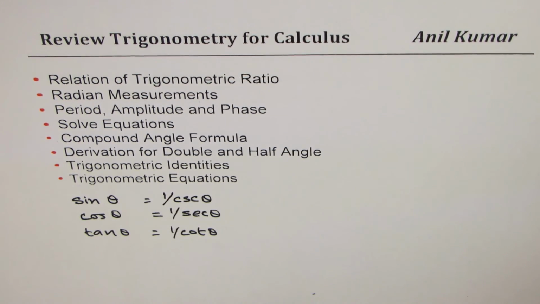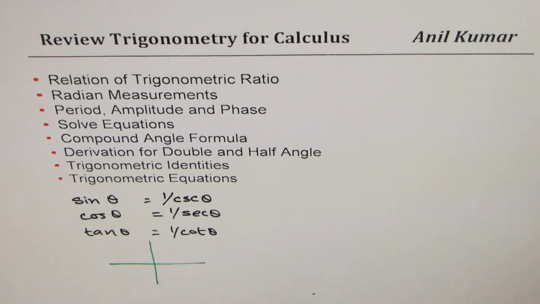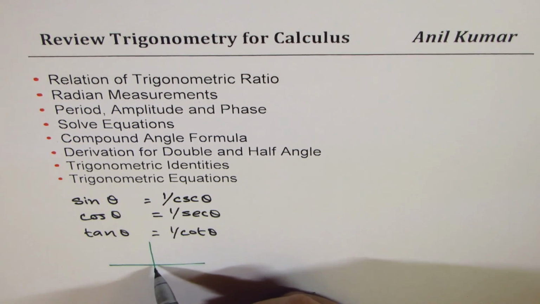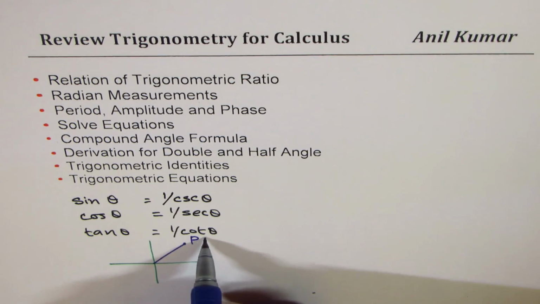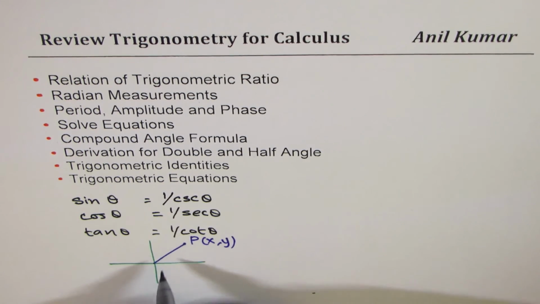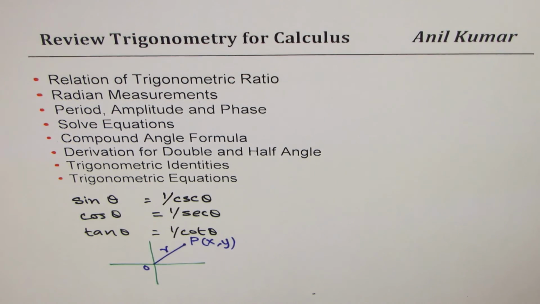On xy plane, if I consider this as my xy plane and take up a point anywhere on this plane, let me take in quadrant 1 for the time being. Let's say the point is P, whose coordinates are x and y, and P is r units away from origin. In that case, what is sine theta?